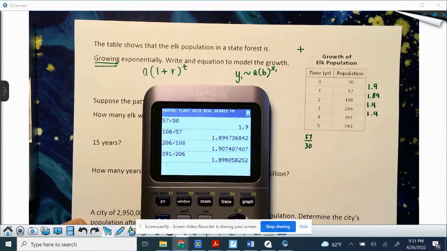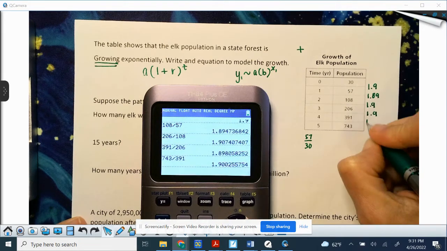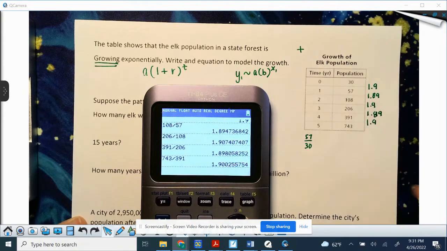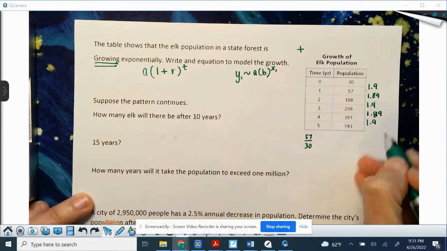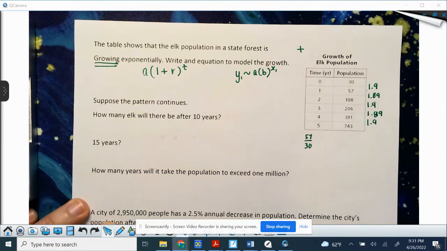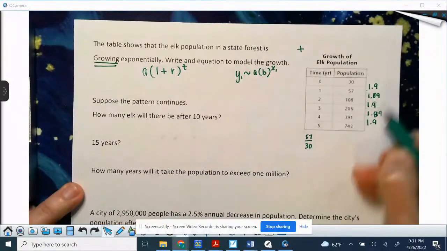And 743 divided by 391 is 1.9. Now, that 1.89, we're going to imagine they probably rounded this up. It's population, and it went up by 1 every time. Ideally, you would want to use your good ones, but then we wouldn't have a 1-to-1 ratio on our x values. And if this is rounded, it's still going to be 1.9. So super, super close. So our rate of change is 1.9.